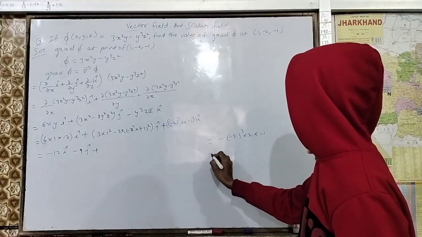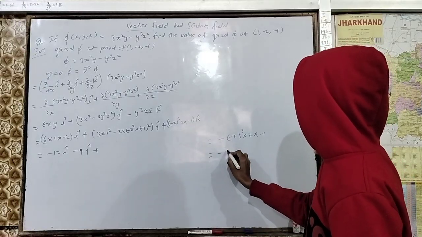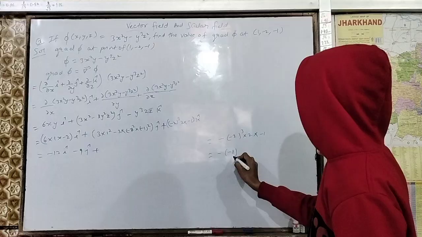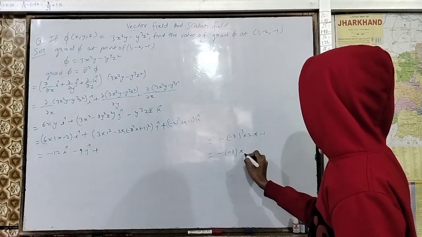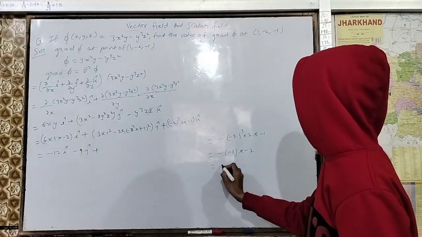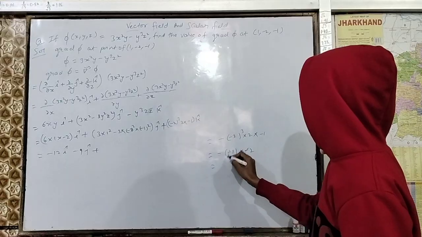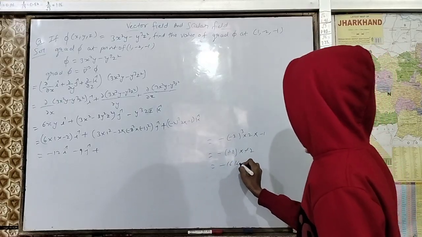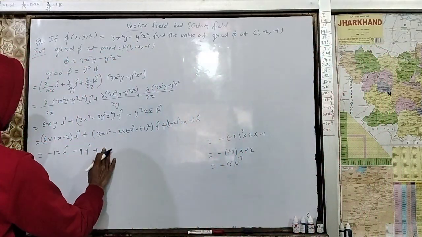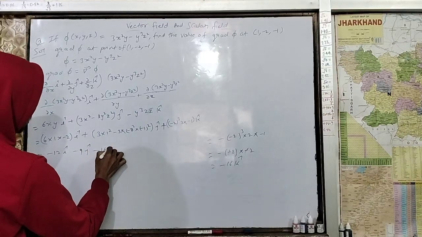So minus, and this will be minus 8 multiplied by minus 2, 8 times 2 is 16, minus 16k. Yes, over here we will have minus 16k.